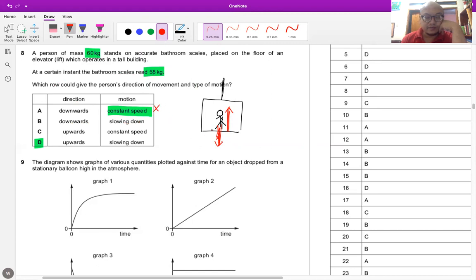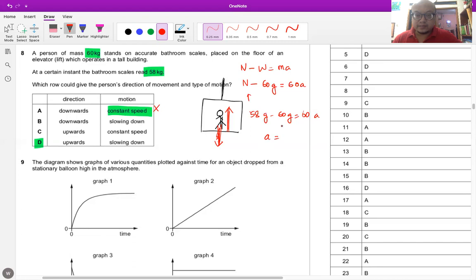So they have a normal contact force here: normal force minus W equals ma. 58g minus 60g equals 60a.